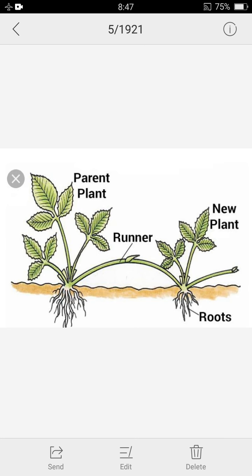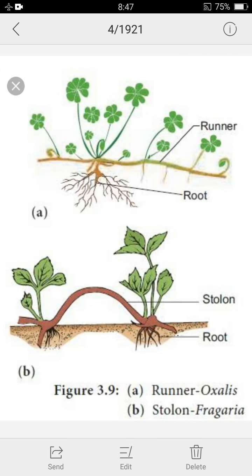So those young ones are called suckers. You can see runners in oxalis, stolons in Fragaria. These are also stem modifications and help in vegetative propagation. Most of the plants which exhibit this characteristic, like those with weak stems, also perform vegetative propagation through them.